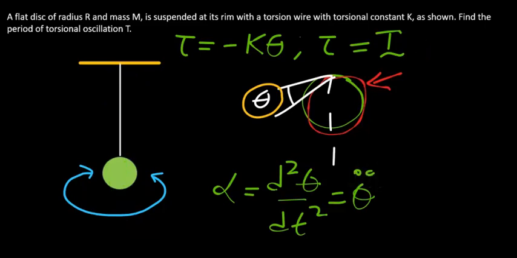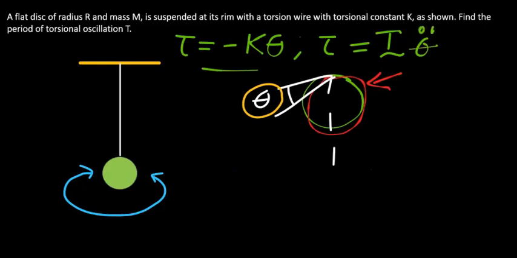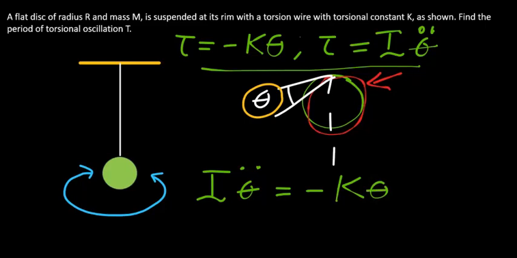So let's proceed to write alpha in that manner, theta double dot. Equating these two terms, you get moment of inertia times theta double dot equals minus K theta.